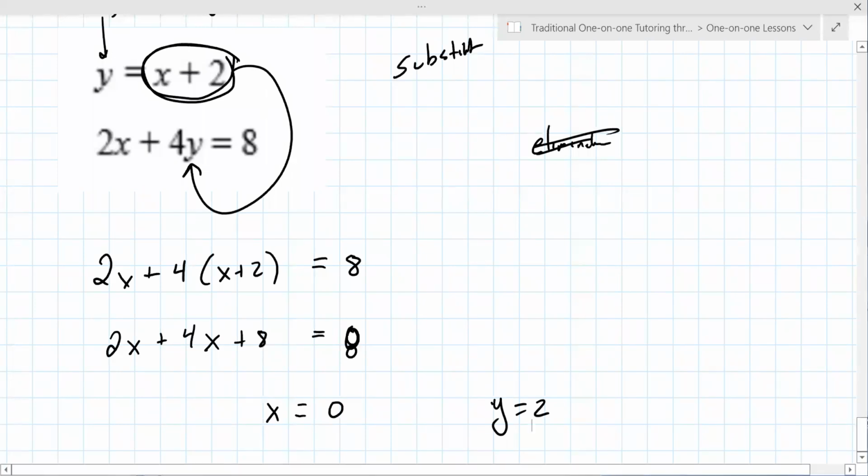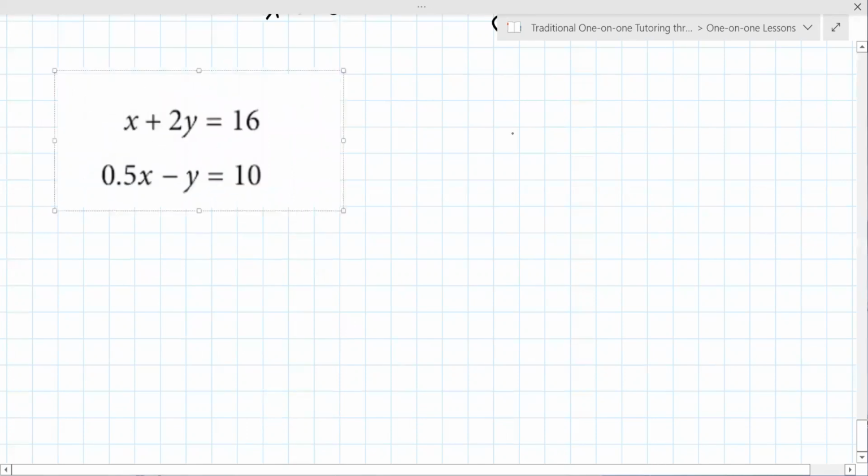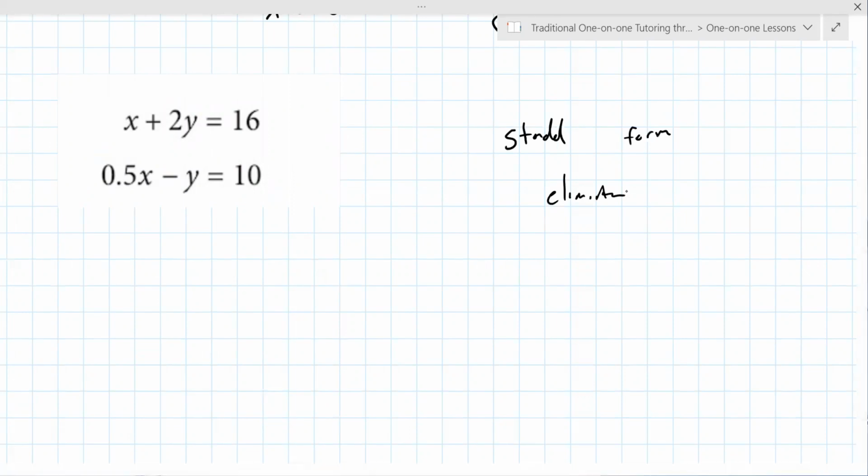Okay, so the other approach to solving a system of equations is elimination. You would generally use elimination when they're in standard form, but you generally don't get them in perfect standard form, because they're always throwing a little wrinkle at you. Okay, so which variable would you like to eliminate here?